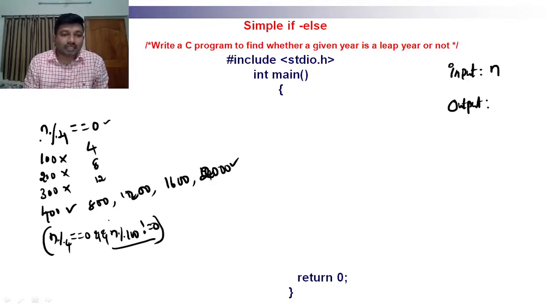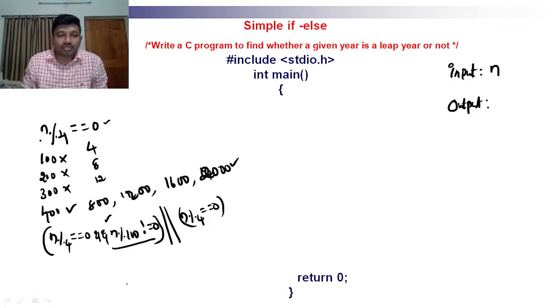So either this should be true, or n % 400 must be equal to 0. If this is true, then we say it is a leap year. This would be the actual mathematical logic the student has to understand before he writes the program. So this is the logic.